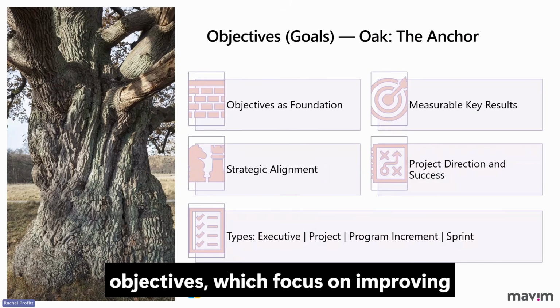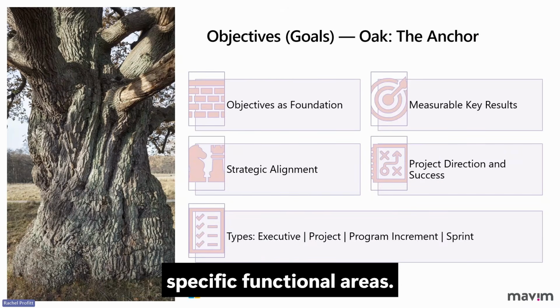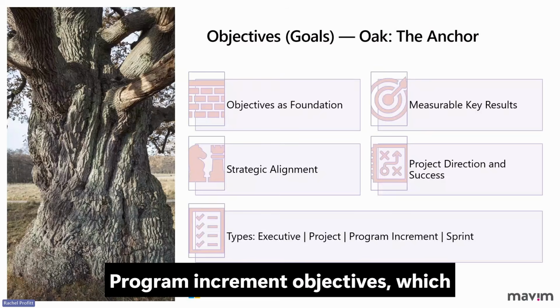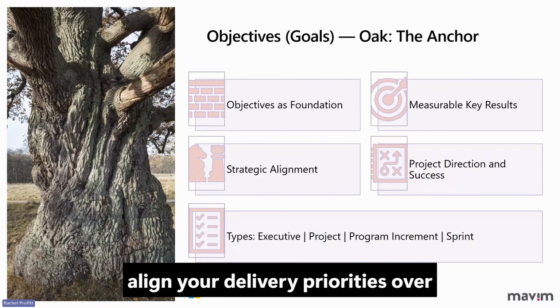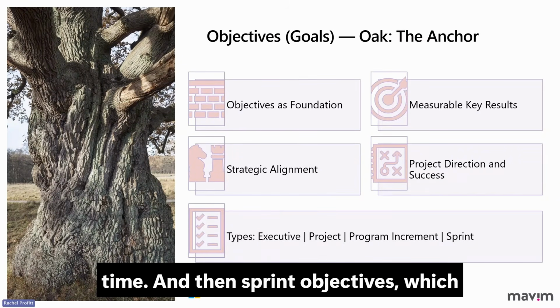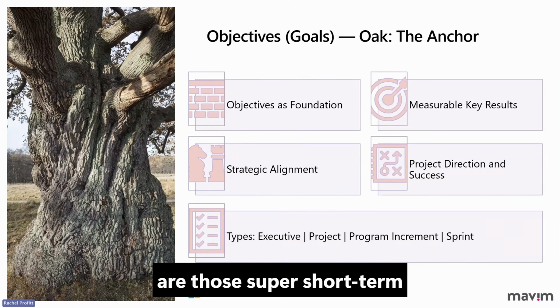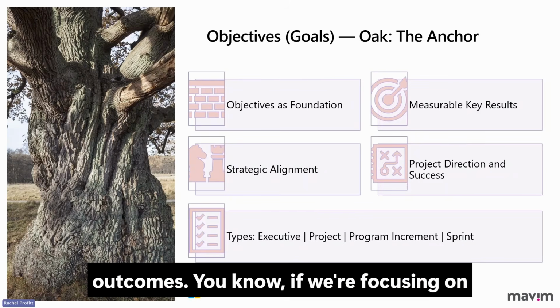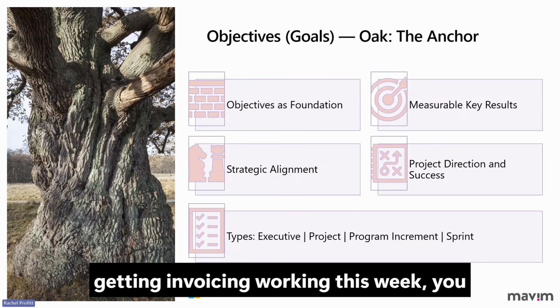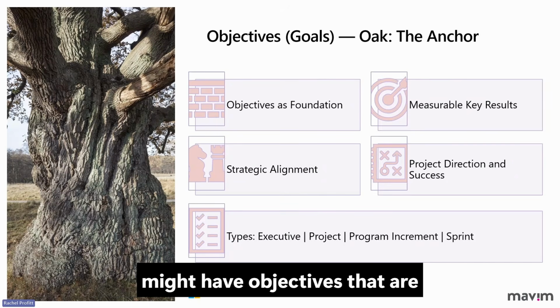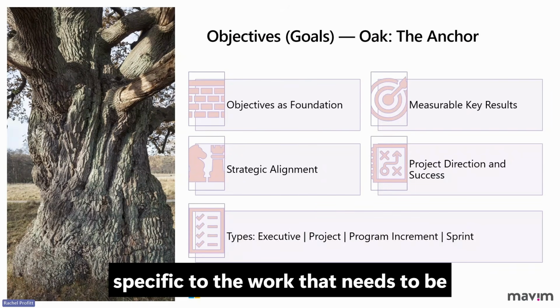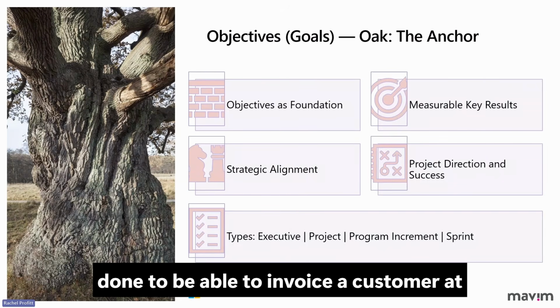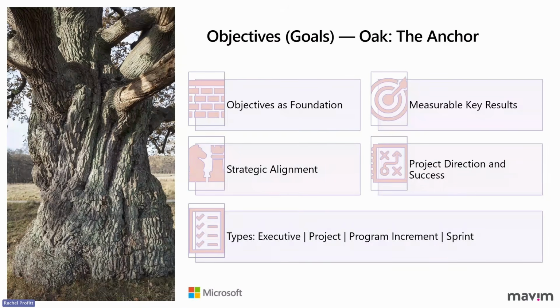Project objectives, which focus on improving specific functional areas. Program increment objectives, which align your delivery priorities over time. And then sprint objectives, which are those super short-term outcomes. You know, if we're focusing on getting invoicing working this week, you might have objectives that are specific to the work that needs to be done to be able to invoice a customer at the end of the week.